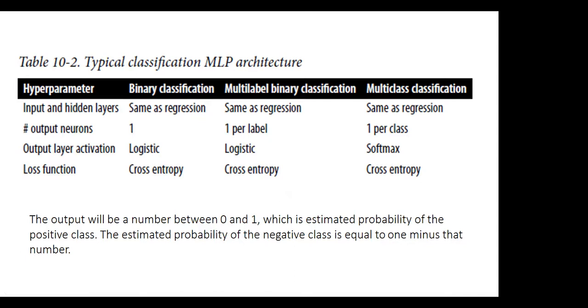Also, the model gives the probability of the positive class, and if we want to estimate the probability of the negative class, for example in binary classification, we can use 1 minus the probability of the positive class.